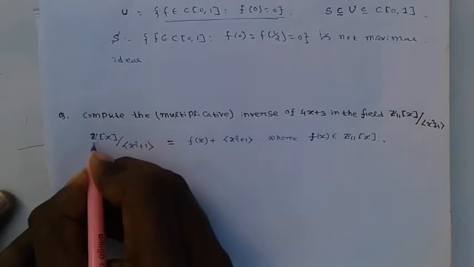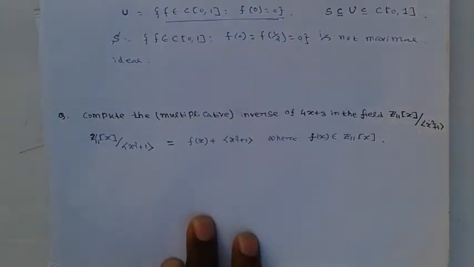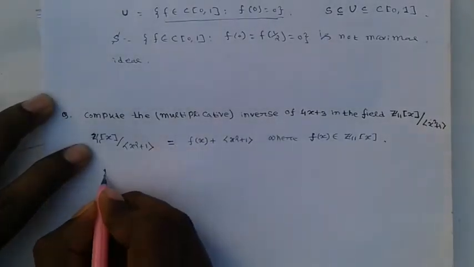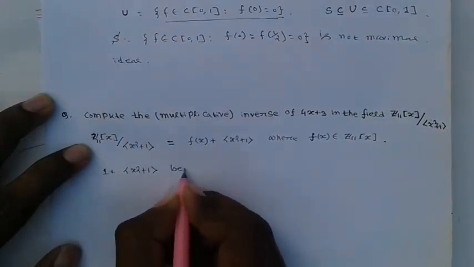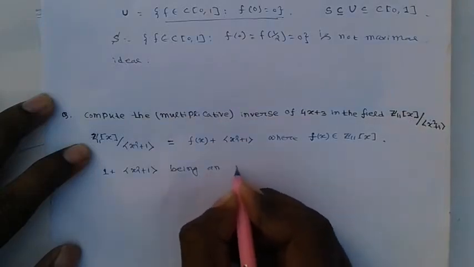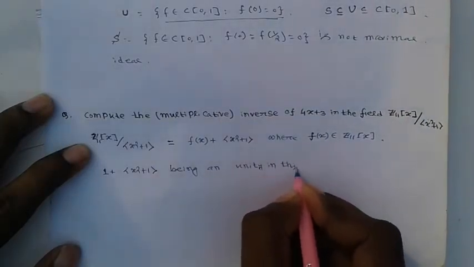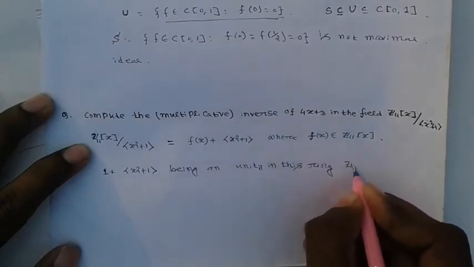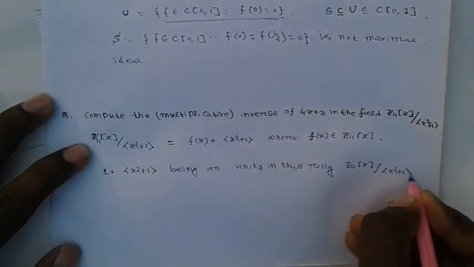Now Z11[x] is a field and 1 being the unity of this, so 1 plus the ideal x square plus 1 is the unity in this ring Z11[x] quotient x square plus 1.